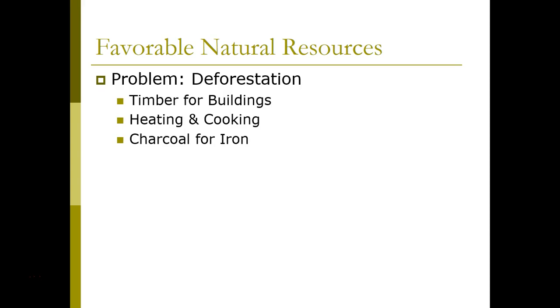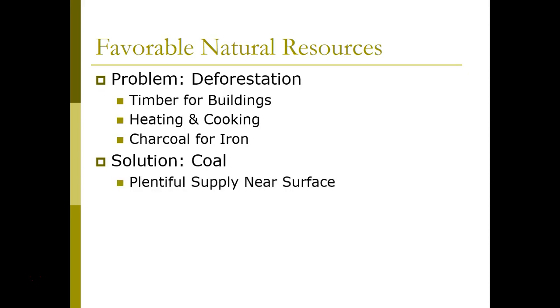So all of these factors contribute to the fact that the island of Britain is literally running out of trees. Fortunately, though, they have a solution in coal. In the island of Britain, there is a great deal of coal, which initially was right underneath the surface of the soil.